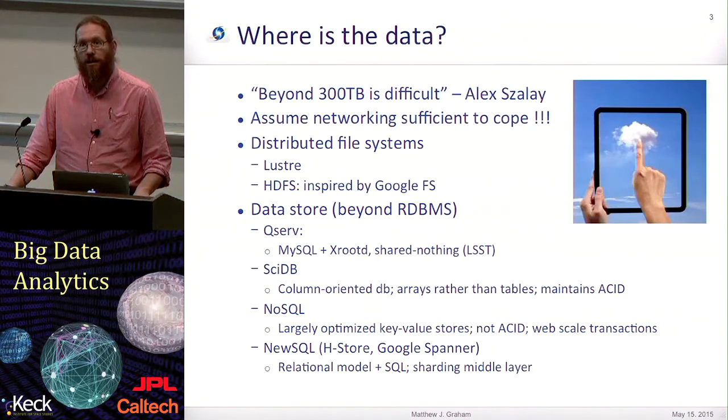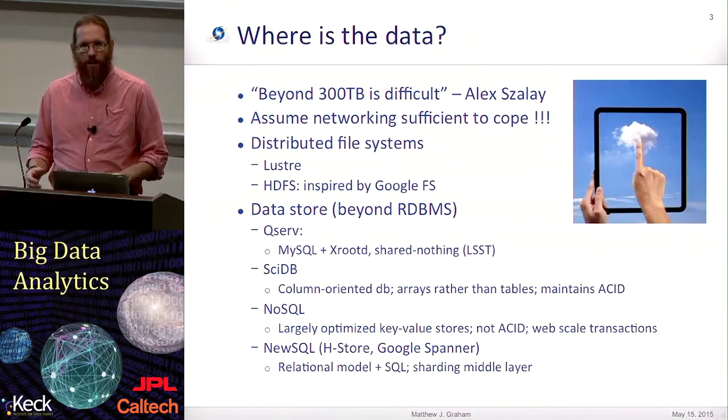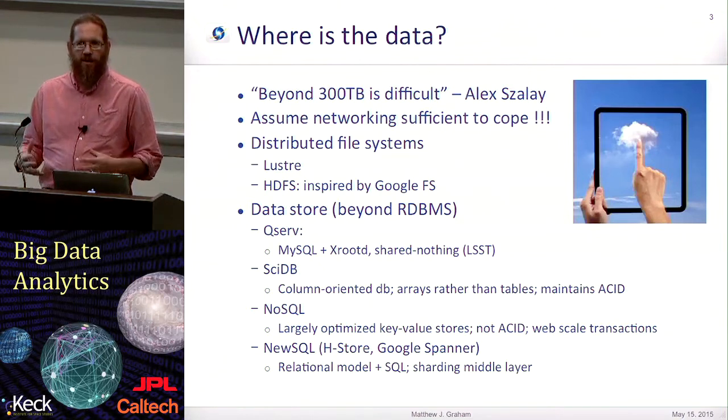And this is the system that's going to be used by the LSST project to manage their petabytes of data. So it essentially gives you a very relational database-like environment to pull your data out of.